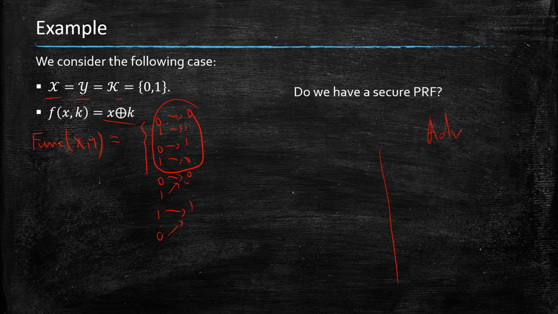is that the adversary decides to ask for the evaluation at 0 and 1. Then when the adversary receives y1 and y2, it doesn't know exactly if that is an evaluation of our pseudo-random function or of some random function.